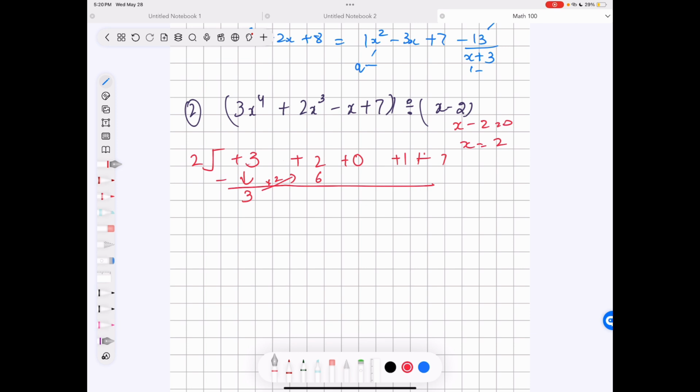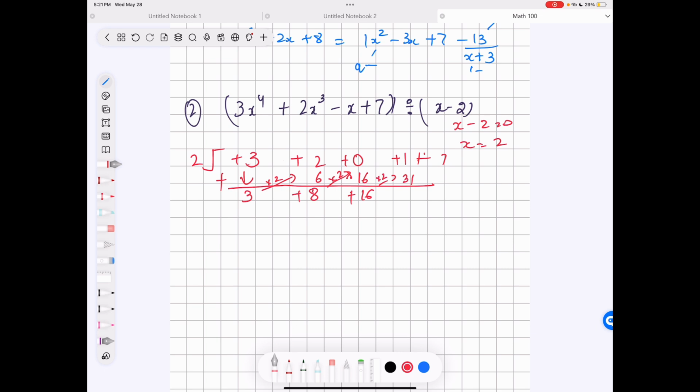We add all of these terms here. So 6 and 2 is 8. We get positive 8, and then 8 into 2 gives us 16. So 0 plus 16 is 16, and then 16 into 2 gives us 32.